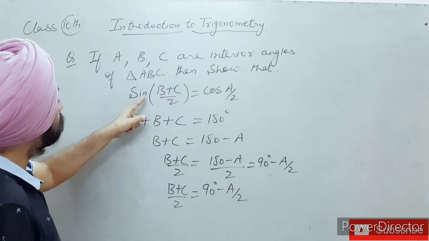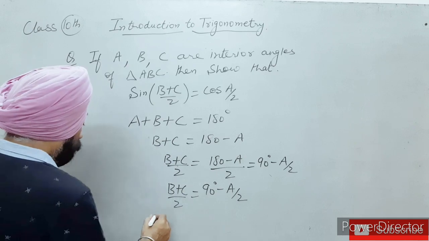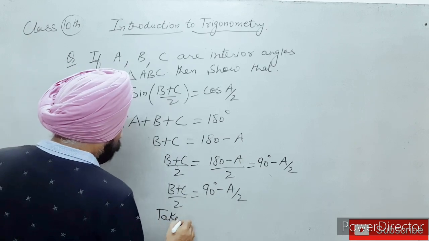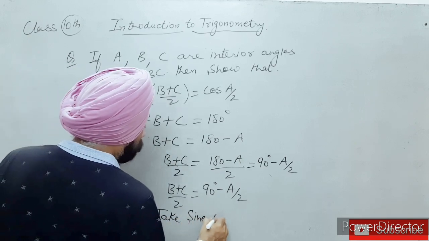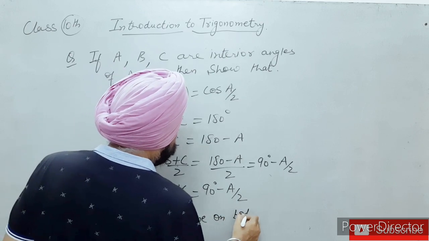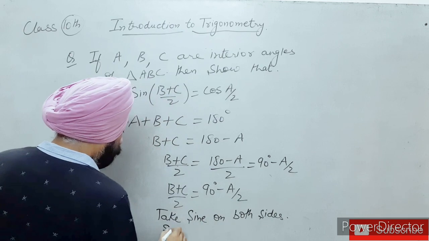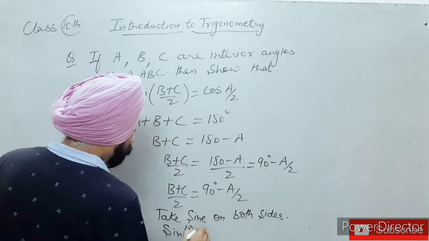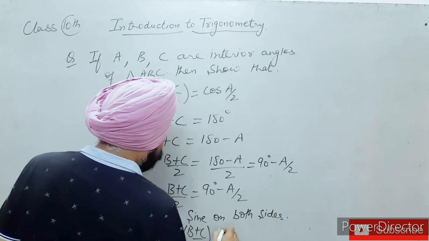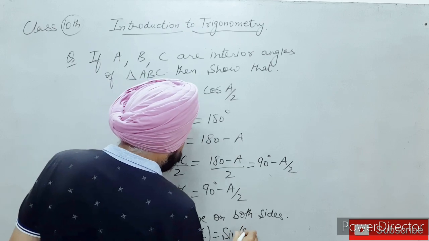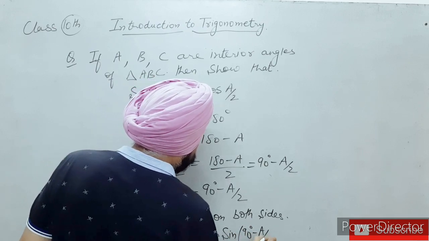Now I need sine of (B plus C) by 2. So take sine on both sides. What happens? Sine of (B plus C) by 2 is sine of 90 degree minus A by 2.